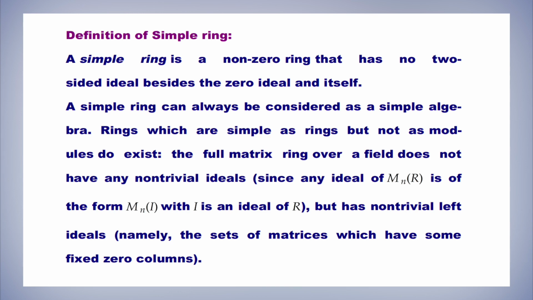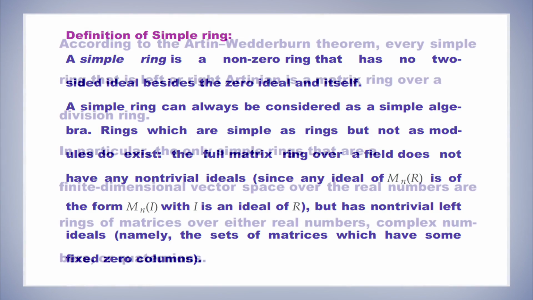The full matrix ring over a field does not have any non-trivial two-sided ideals, since any ideal of Mn(R) is of the form Mn(I), with I an ideal of R, but it has non-trivial left ideals, namely the sets of matrices which have some fixed zero columns.